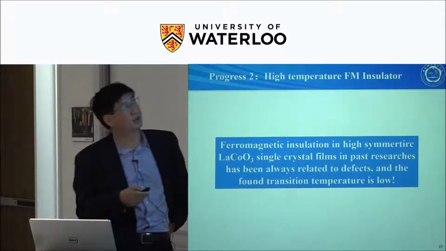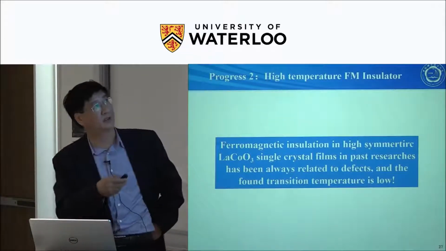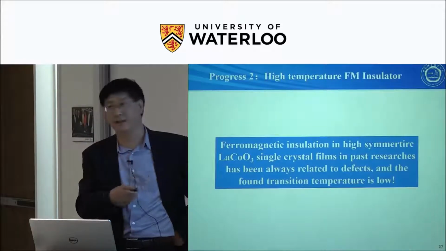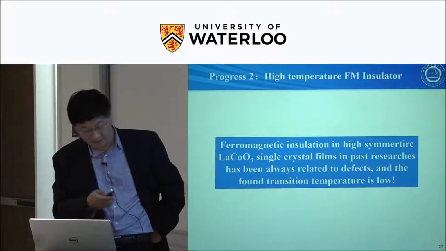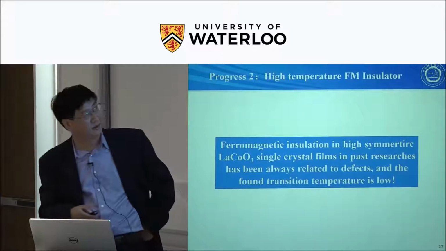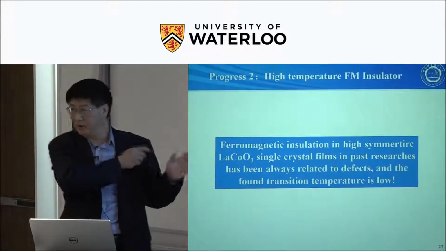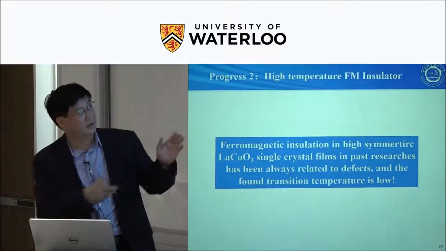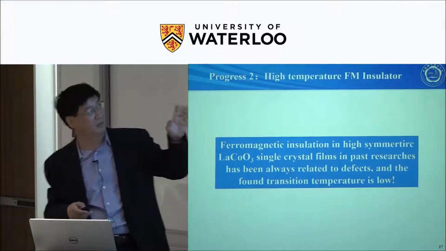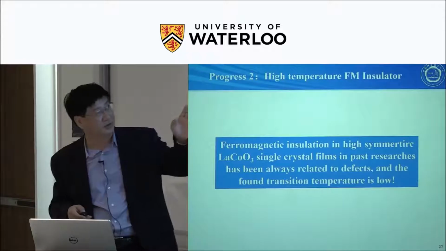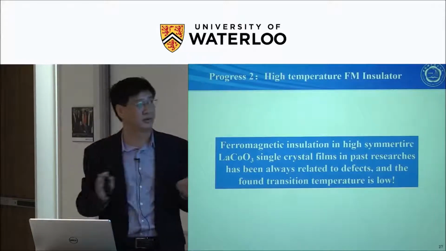So the second progress is what we made on the high temperature ferromagnetic insulator. I just give one sentence here. All these ferromagnetic insulators I've introduced before. But this material, lanthanum cobalt oxide, is a single crystal film in past research.